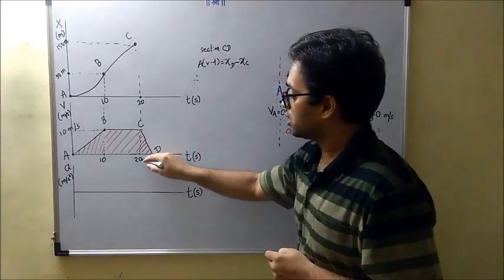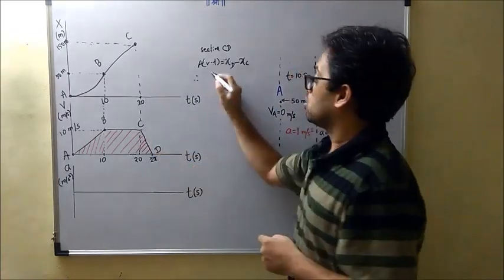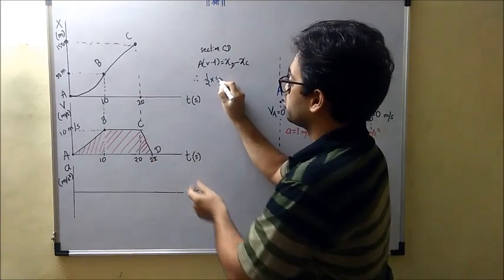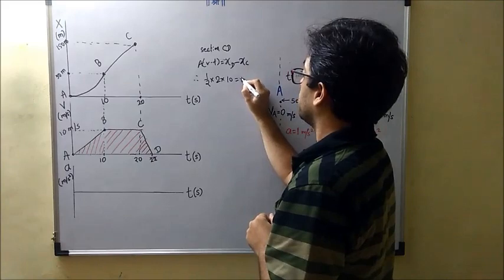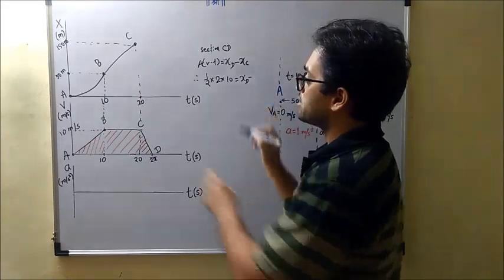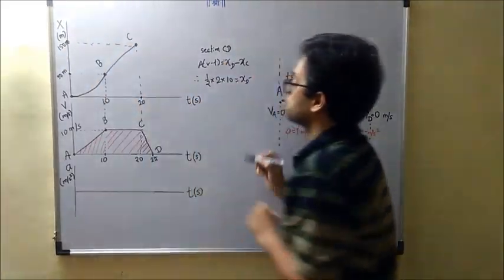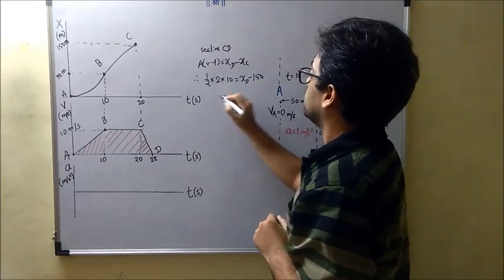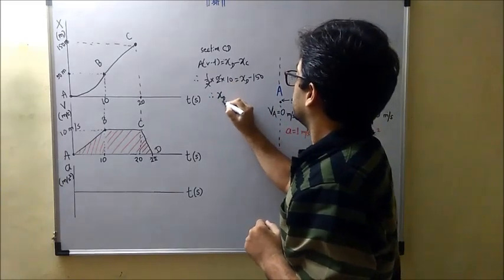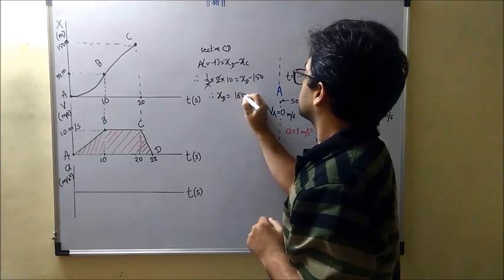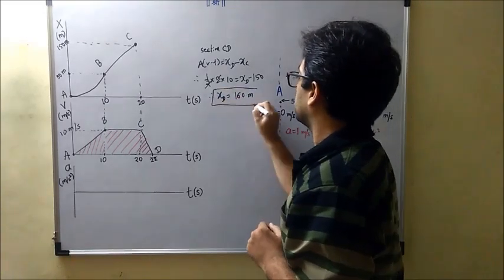Therefore the area under the VT curve, it's again a triangle. So half into base, which is 2, into height, which is 10, equals XD minus XC. What is XC? Position of C is 150, and therefore we will get XD is equal to 160 meter, right?